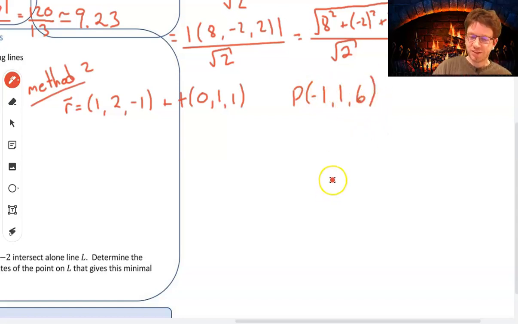Okay, so how do I find the distance between this line and that point? Method 2. So first, change our vector equation into parametric form. So we get x equals 1, y equals 2 plus t, and z equals -1 plus t.